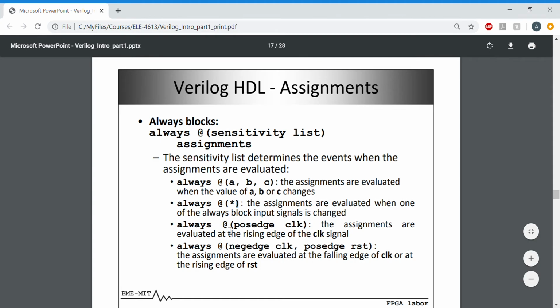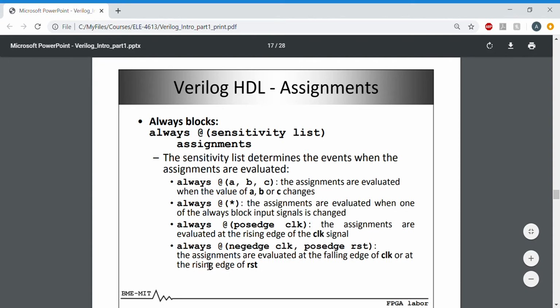And this is any time there is the rising edge of the clock. Posedge is a Verilog keyword. On the rising edge of the clock, you evaluate. This means you want to create flip-flops. Here, always at negedge of clock, posedge of reset, means you are creating flip-flops with reset where your reset is not synchronous, it is asynchronous.